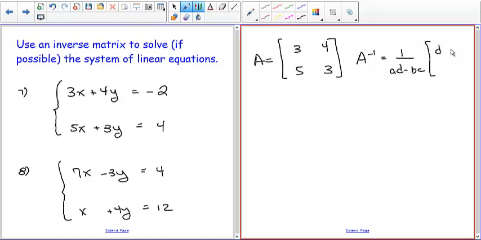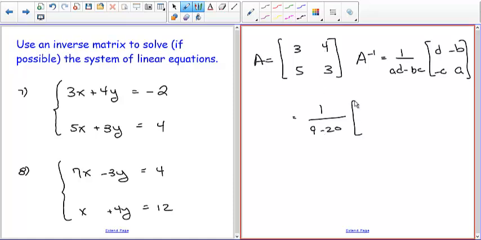So you get D, minus B, and minus C, A. Actually, we'll do them both ways. So this is A, B, C, D. So you get 1 over A times D, so that's 9, minus B times C, which is this way. So you get 9 minus 20.